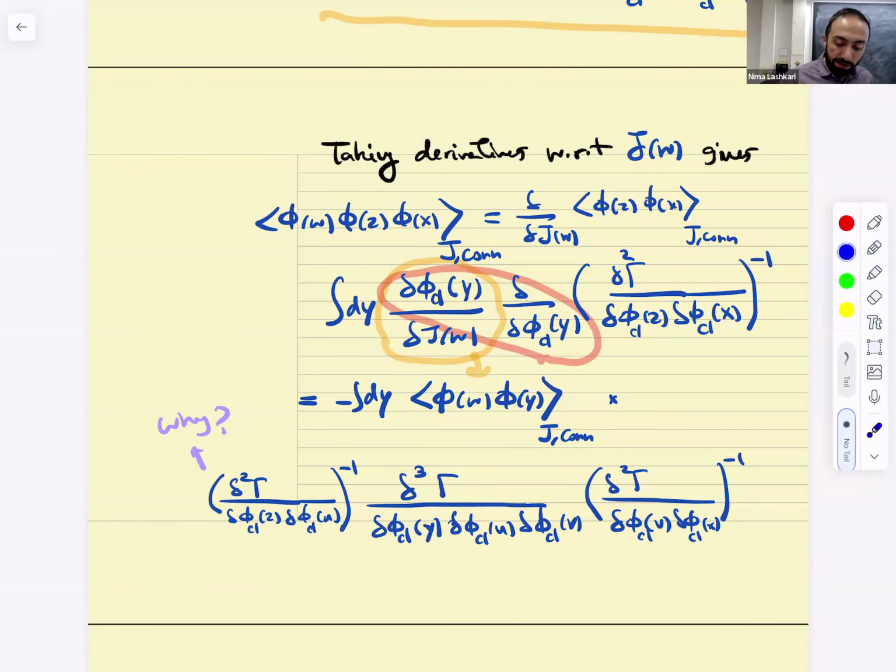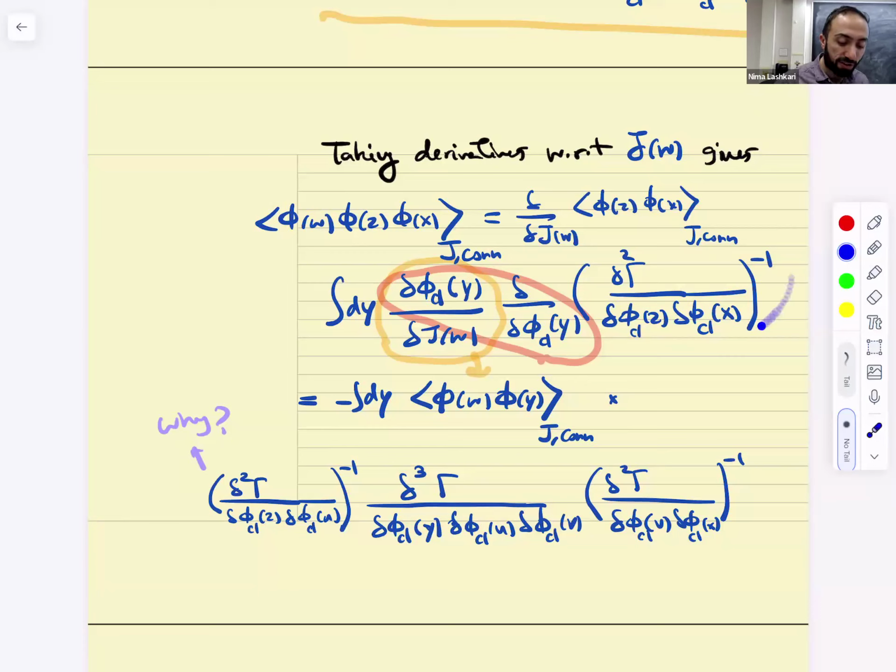Now, again, repeating the same logic as before, this bit gives me a connected 2-point function, integral over y. And now this derivative is del phi of the inverse of the second derivative of gamma.